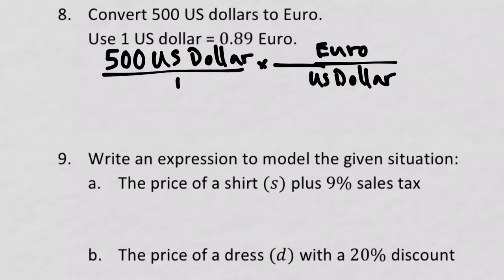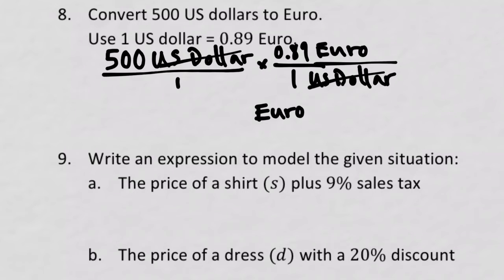1 US dollar is equal to 0.89 euro. And then you multiply straight across, because these are fractions, these are ratios, just multiply straight across. US dollars cancels with US dollars, leaving you with your answer in euro. All I have to do now is just multiply those two numbers, okay? And go ahead and use a calculator for that one.